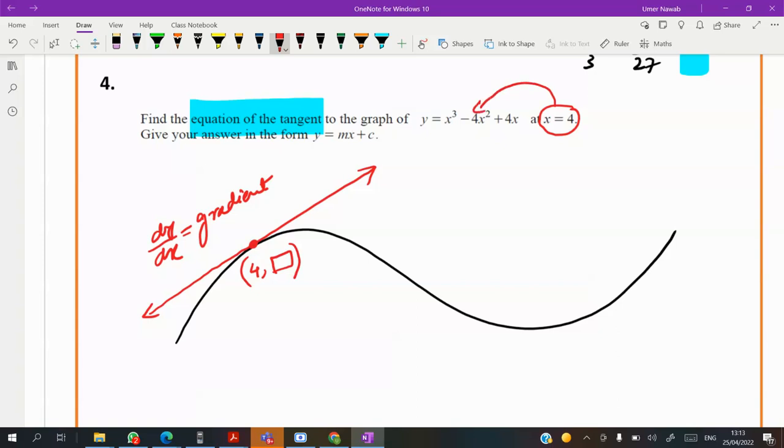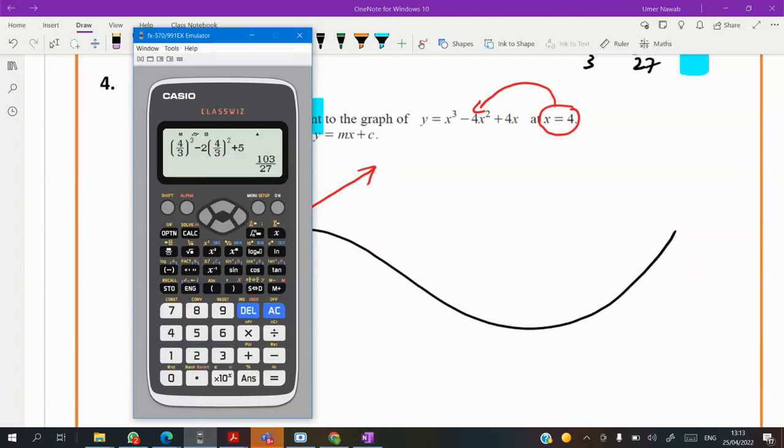So we can find the y coordinate here by substituting x equal to 4 in the equation of the curve. So this is just a starter, how to start the question. The starting of the question needs full information of the point where I want to draw the tangent.